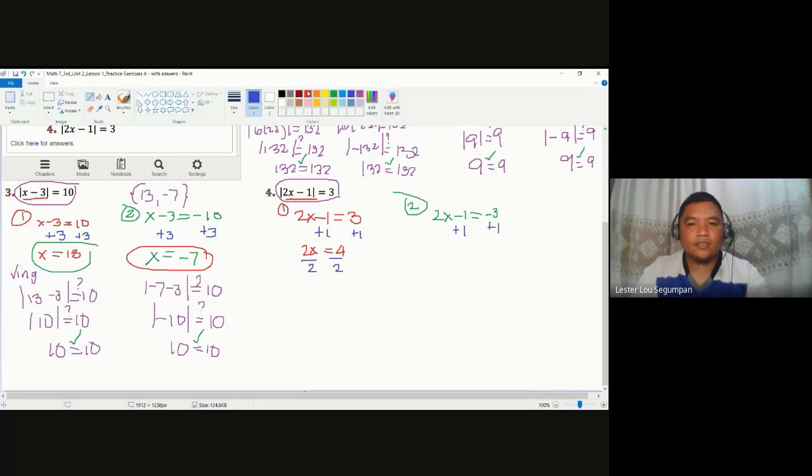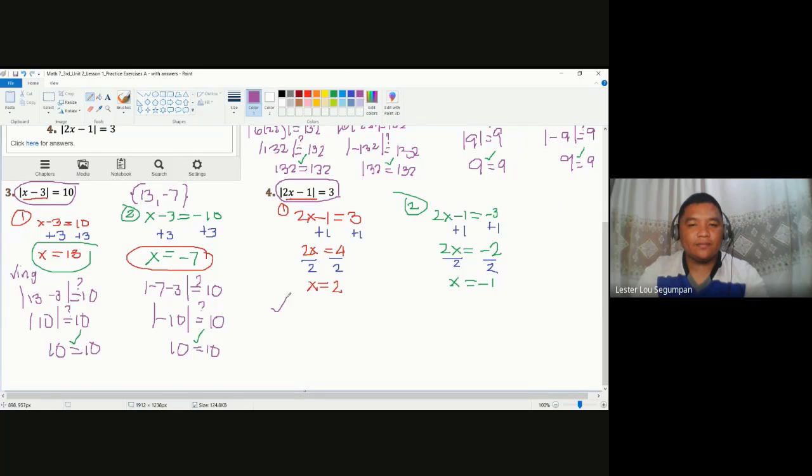So x is equal to 2. Here, again, that's also 0. So you have 2x is equal to negative 3 plus 1, which is negative 2, not negative 4. Divide both sides by 2. So x is equal to negative 1. Not all the time are they opposites.